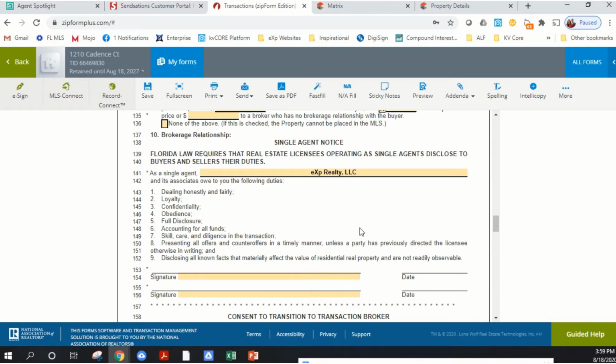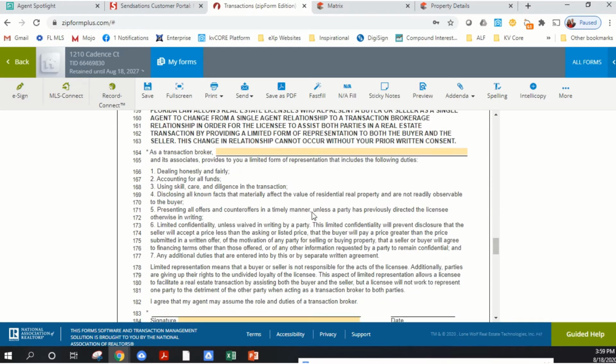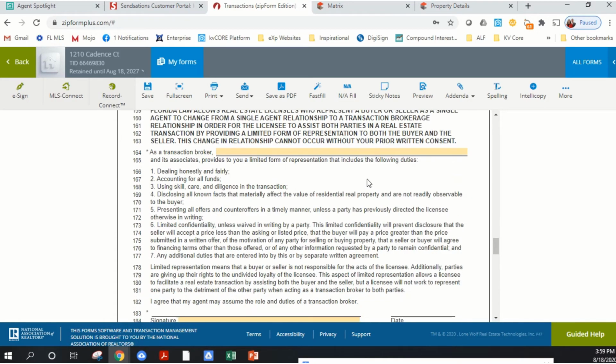It means I owe them confidentiality and loyalty and obedience and all these things. If you look at what's left out under transaction broker, say I have the buyer and the seller, or say I have the seller and Adriana or Melissa or Ava have the buyer. Well, eXp has both sides, right?